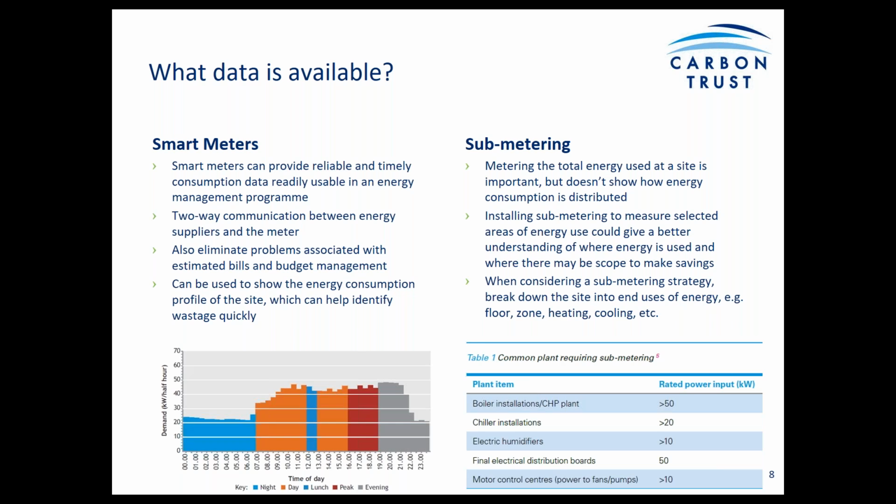And while there's no universal definition for smart metering, this type of system will generally include some, if not most, of the following features. So recording of half-hourly consumption, real-time information on energy consumption that's available either immediately or via some sort of download to either or both the energy supplier and the customer. As mentioned, two-way communication between the energy supplier and the meter to facilitate services such as tariff switching.